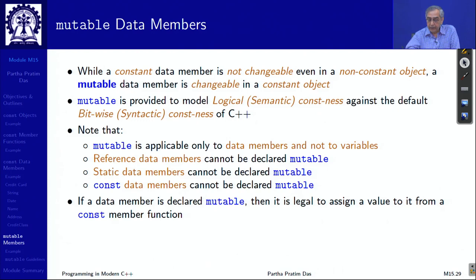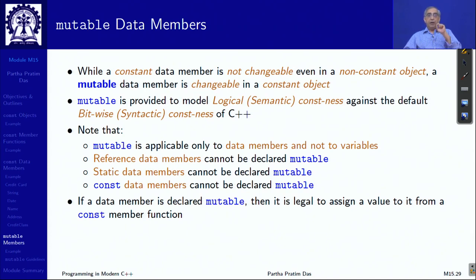So, that is where the whole concept of mutability comes in, mutable, you understand, something which you can change. The constantness as we have treated so far is called bitwise constantness, that if any data member is constant, you cannot change any bit in it. Remember, whole object is const, you can't change anything in the state, but that bitwise syntactic constantness is not always enough.